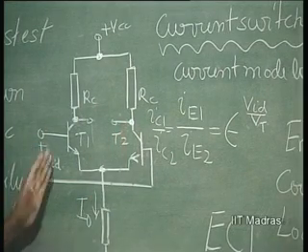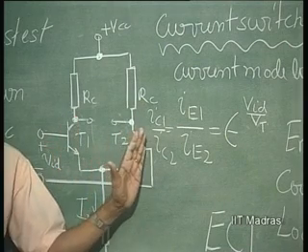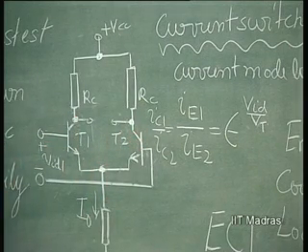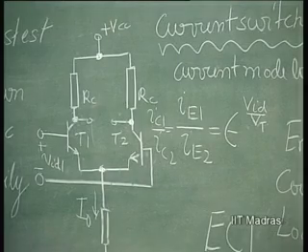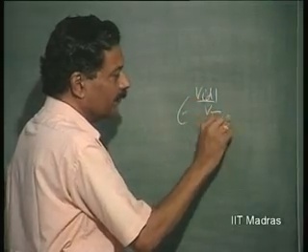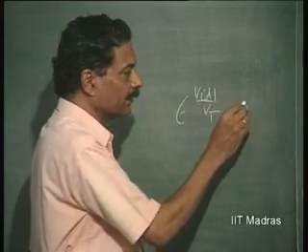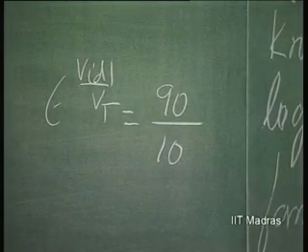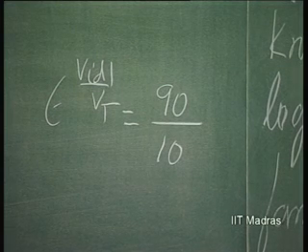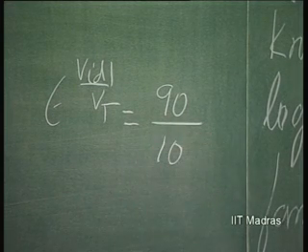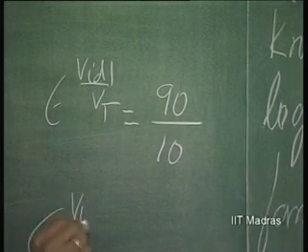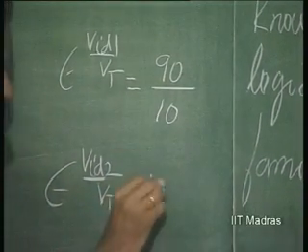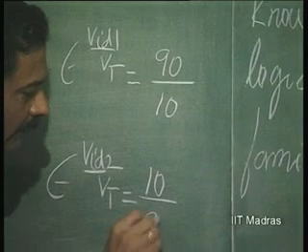The other voltage will be when this is 10% and that is 90%. Let us therefore call VID1 as that voltage where exponent VID1 by Vt is equal to IE1 is 90% and IE2 is 10% of I0. Is this clear? This is one. Then exponent VID2 by Vt corresponds to this 10 and this 90.